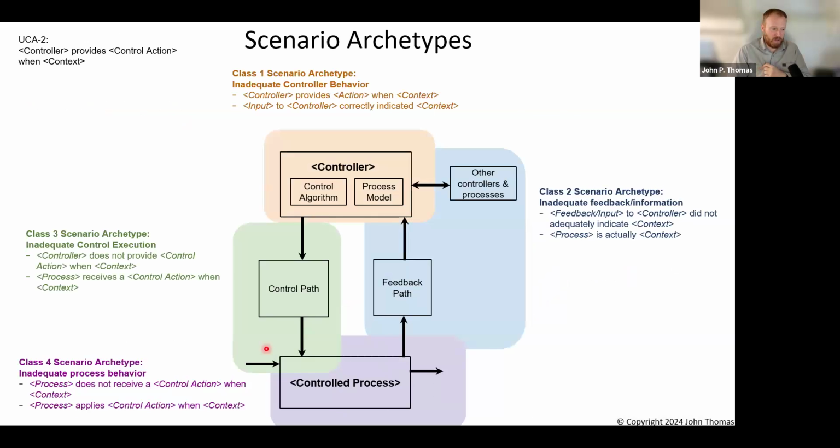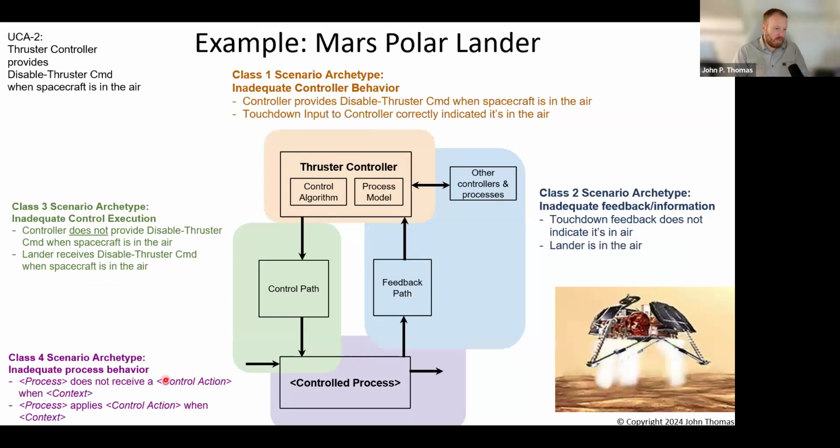So let's do it for the Mars Polar Lander. So process does not receive what control action? Does not receive a disable thruster command, right? When it's in the air. Good, that's perfect. That's what we want to see. No disable thruster command in the air.